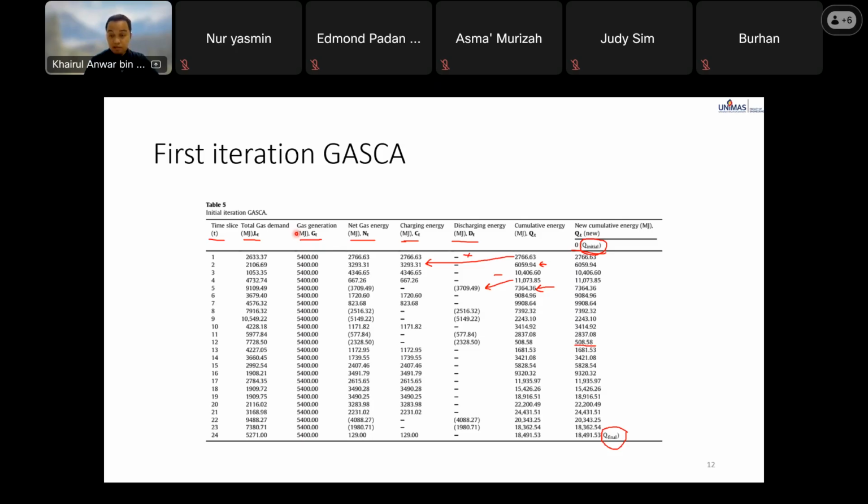From this analysis, two conclusions can be drawn. Firstly, if the final biogas energy content is more than its initial amount Q initial, then the AD is oversized.